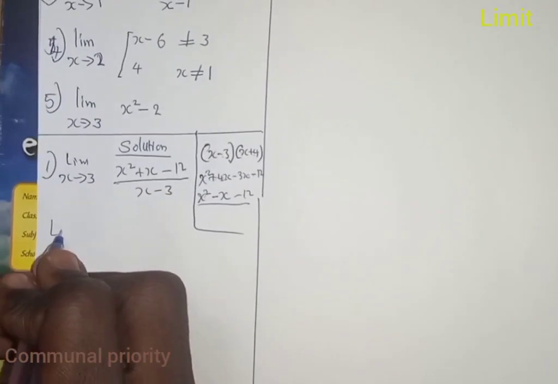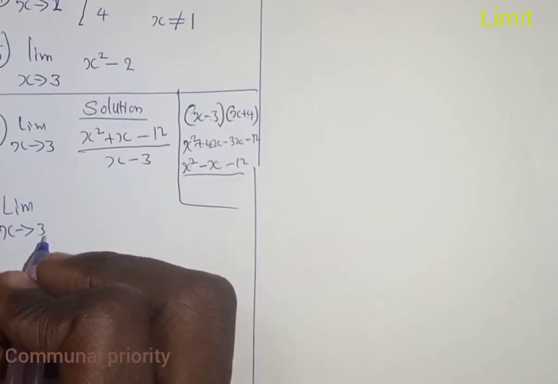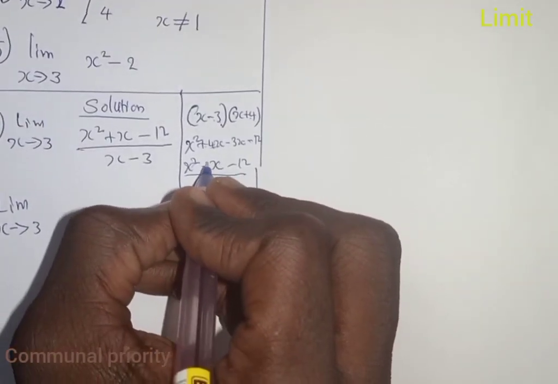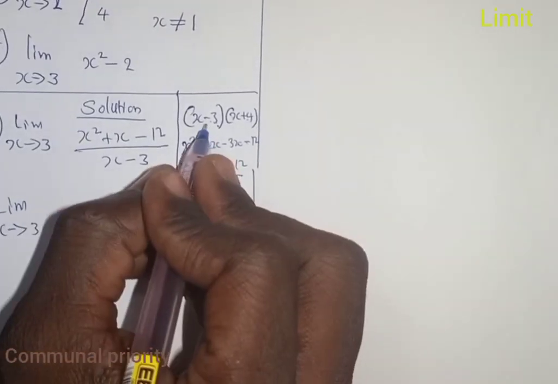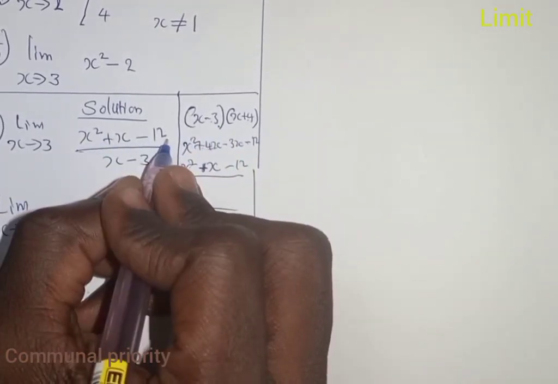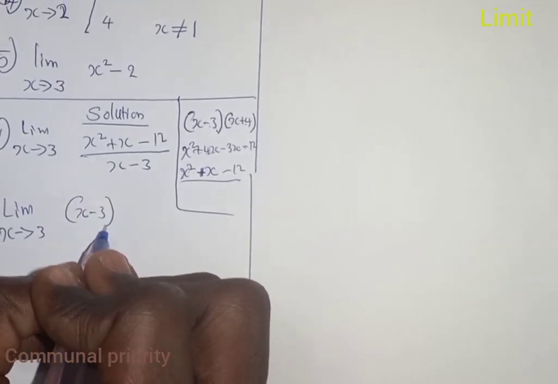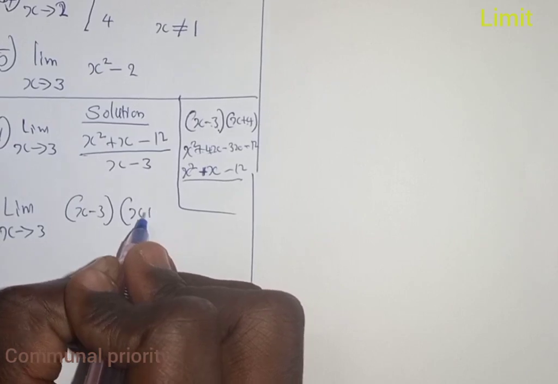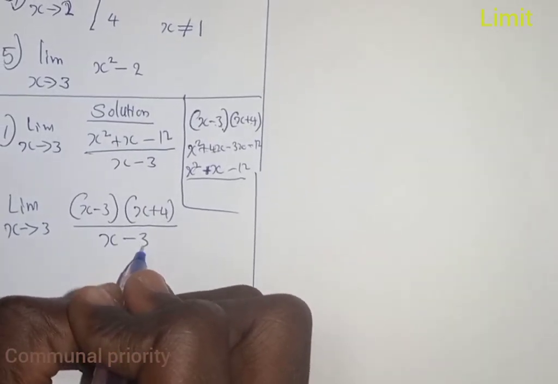So we can now put our factored form under the limit as x approaches 3: the limit of (x minus 3)(x plus 4) all divided by (x minus 3).